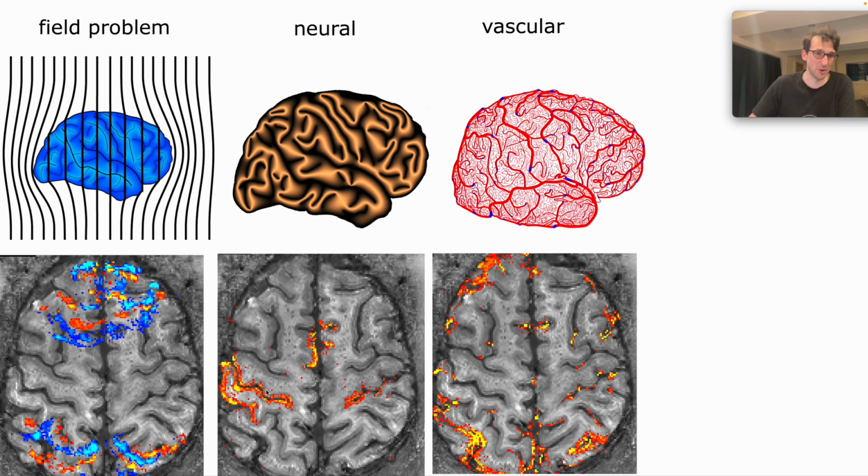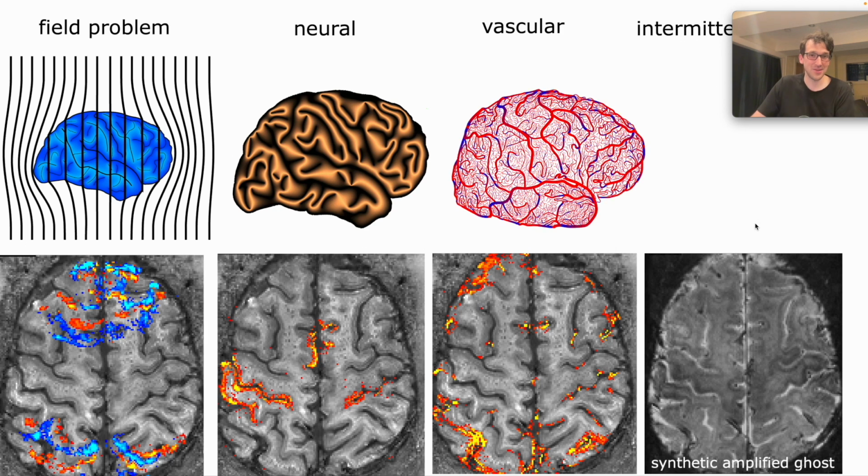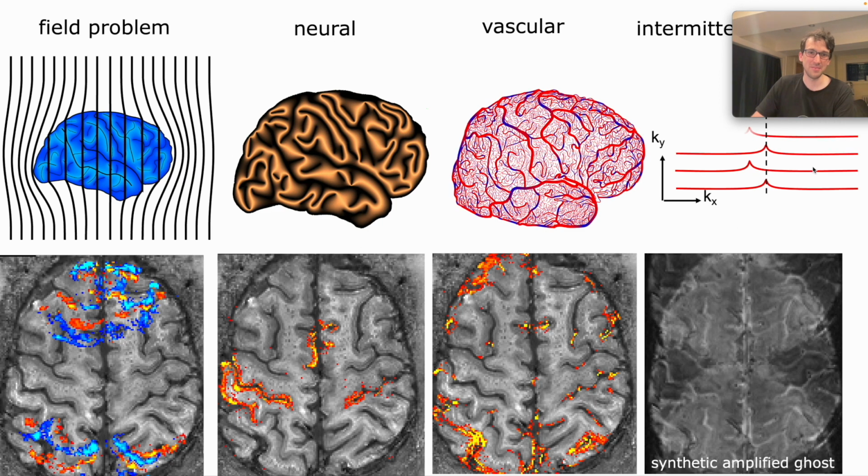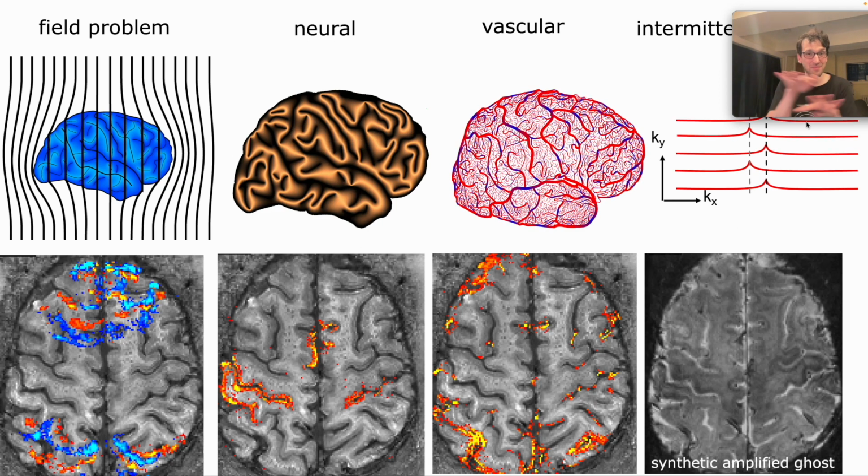So we also have neural components that are overlaid on the stuff that we care about. And so it could be an artifact too. And then we also had these intermittent ghostings, which is amplified here in this example, which comes from the fact that the different EPI lines are actually not perfectly adjusted as they should be. So we have at least 4 sources of artifacts, but this is never the limit, right?